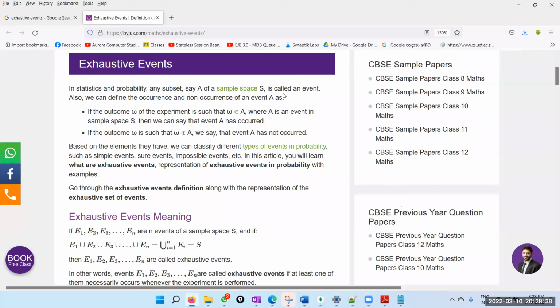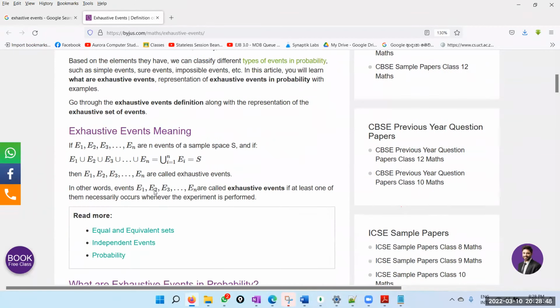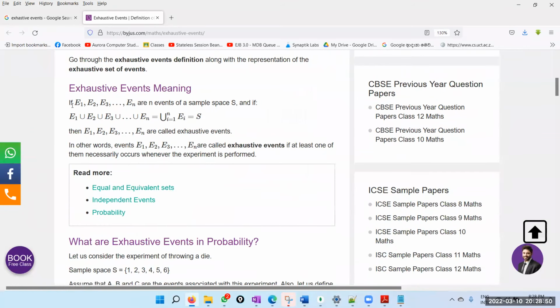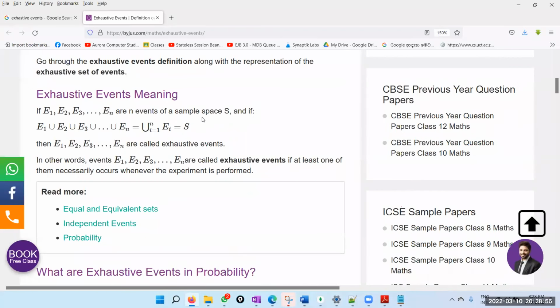Probability. If E1, E2, E3, En are events of a sample space S, and if E1 union E2 union E3 and so on equal S, then they are exhaustive events. So that means they have taken up the entire sample space.